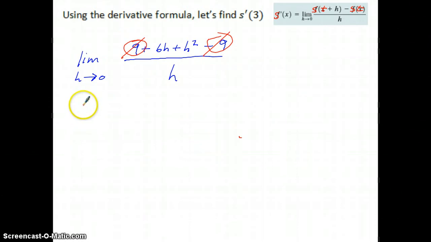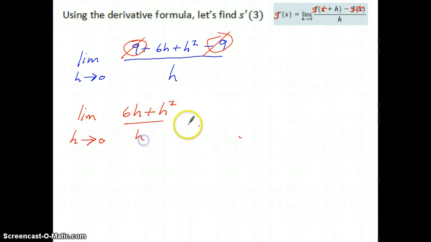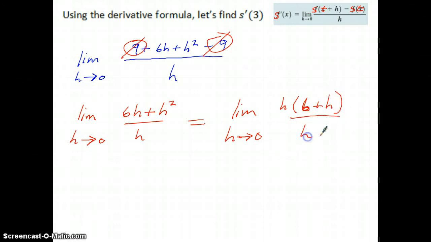Okay, so we have the limit as h goes to 0 of 6h plus h squared over h. And we can simplify that. We could factor out an h from the numerator, and that gives us h times 6 plus h, and we can cross off an h in the numerator and denominator, and we are left with the limit as h goes to 0 of 6 plus h.